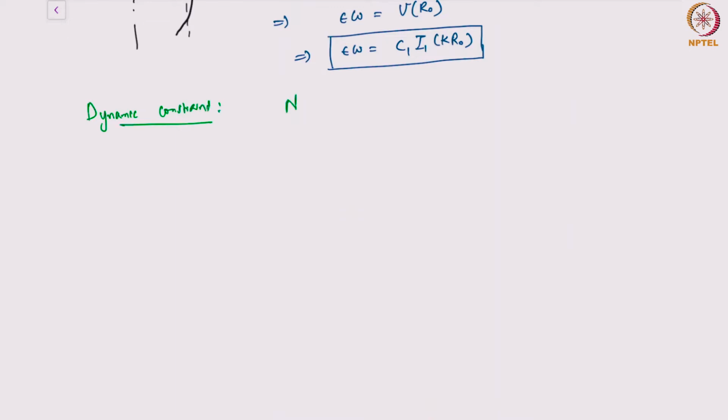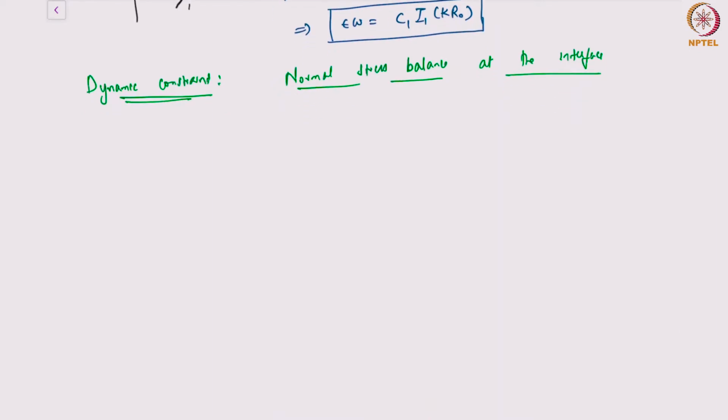What is the dynamic constraint? It is the normal stress balance at the interface. What is the normal stress balance? It says delta P will be gamma times 1 by R1 plus 1 by R2.